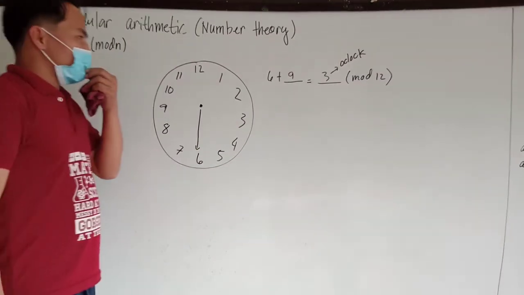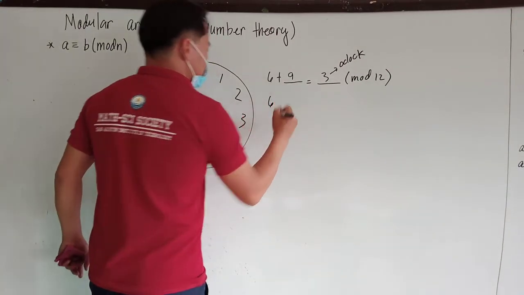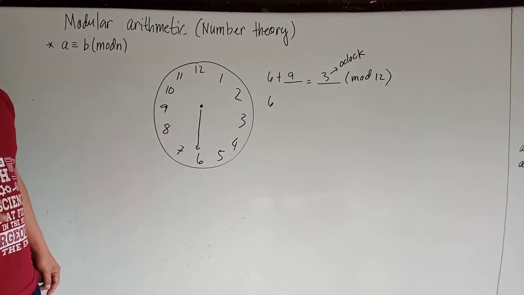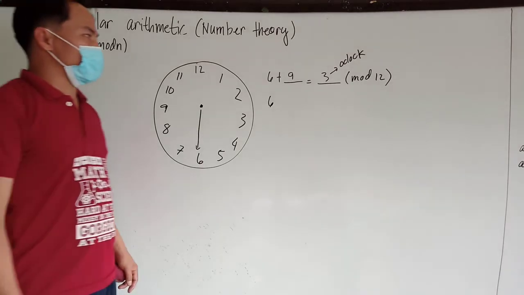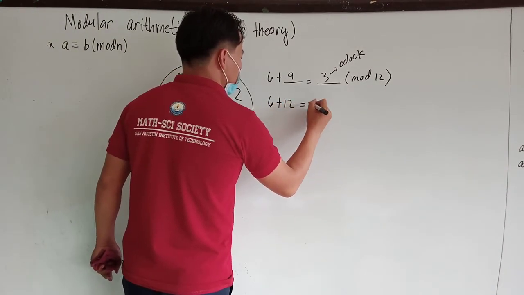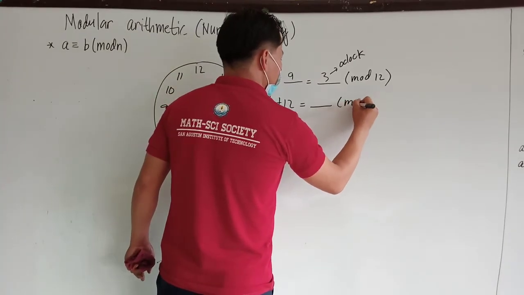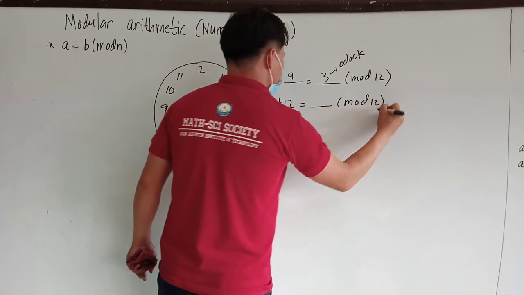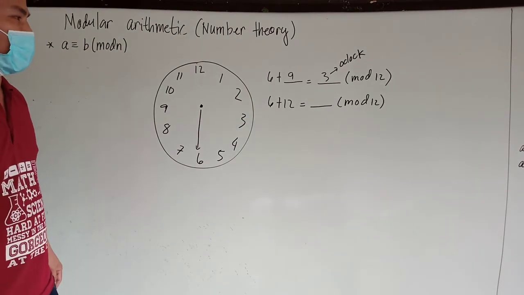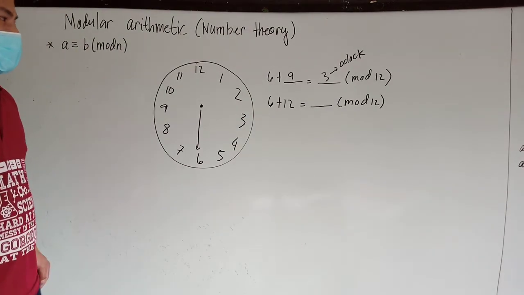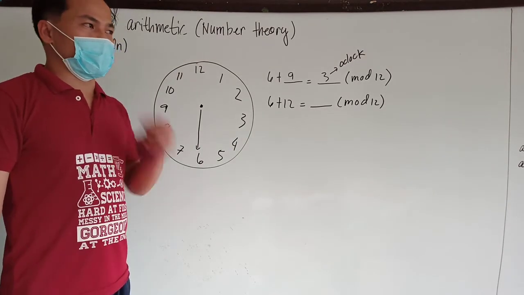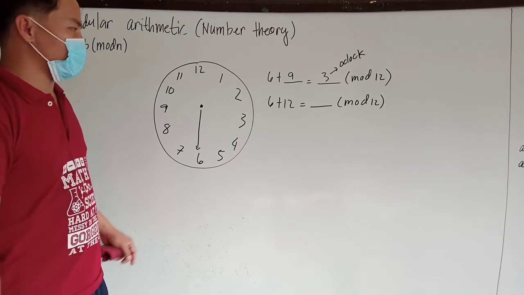What about, let me say, 12 hours? What will be the time 12 hours after 6 o'clock? So we have 6 plus 12, mod 12. 6 plus 12 is 18. So 18 minus 12 is 6.